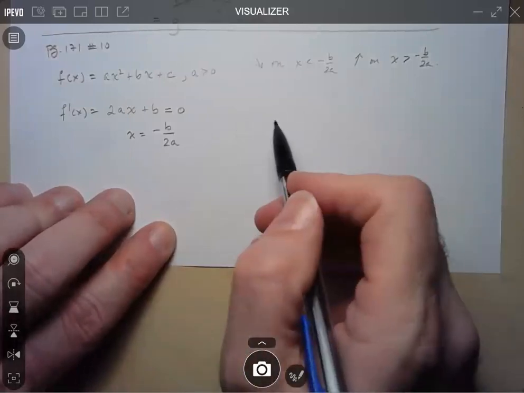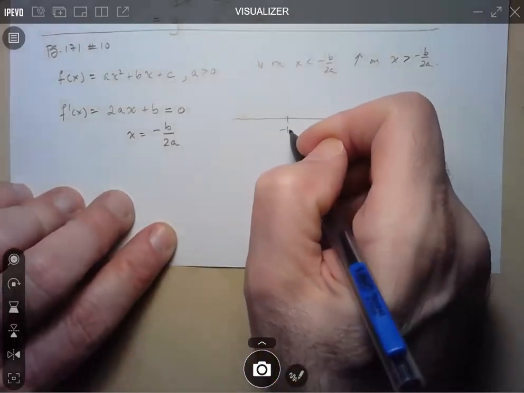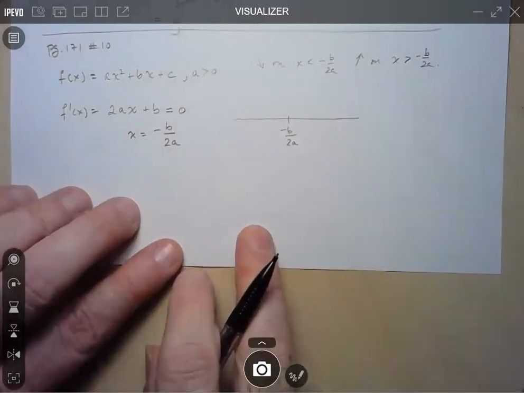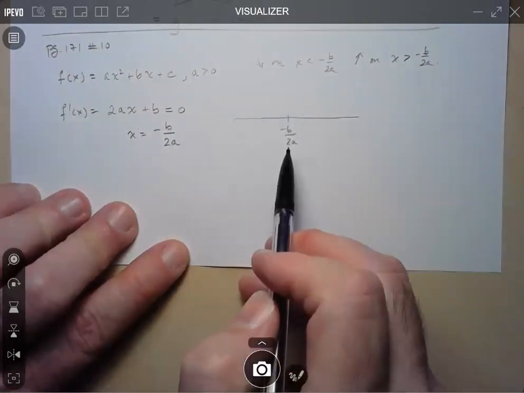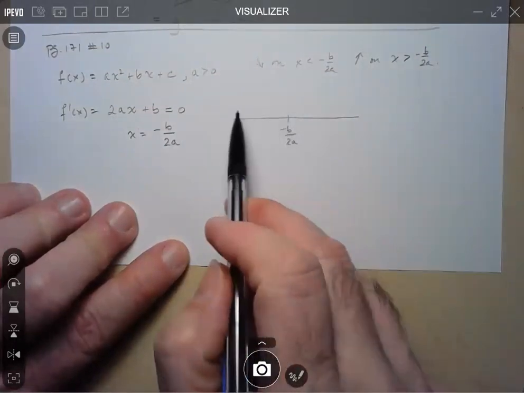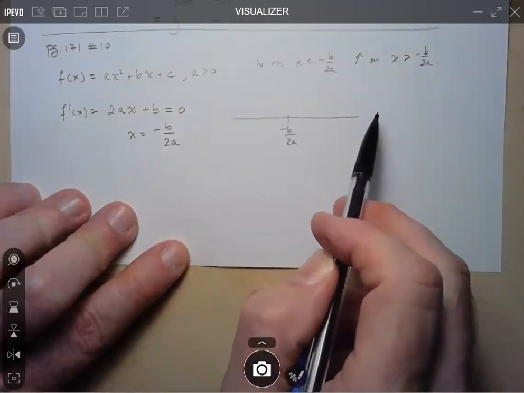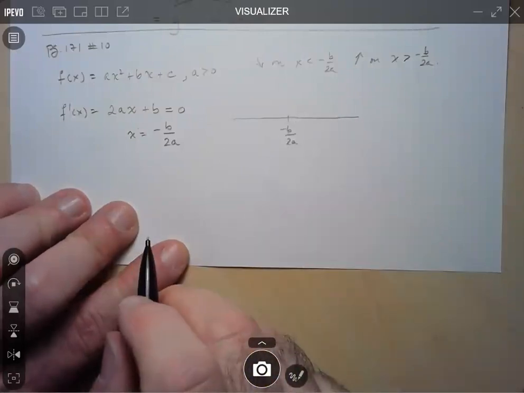And so here, I'm going to do what I normally do. I'm going to create a number line. So all I need is any value to the left of this number to find the sign in this interval, and similarly, any number to the right of this number to determine whether it's positive or negative.